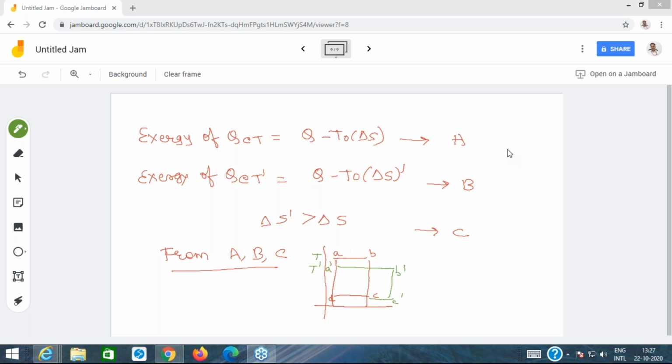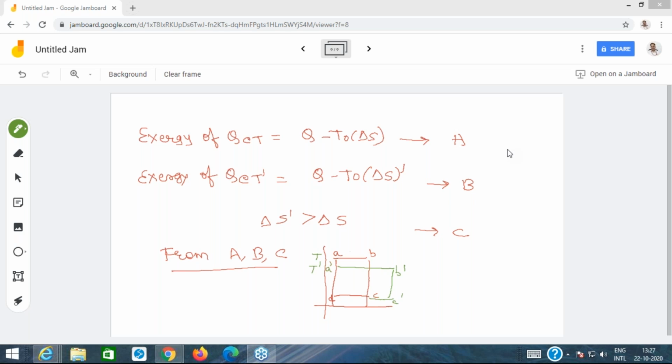It is the available energy of the same heat Q which has now reached a temperature T dash. Means there is no heat loss.